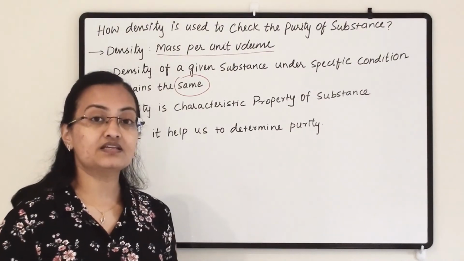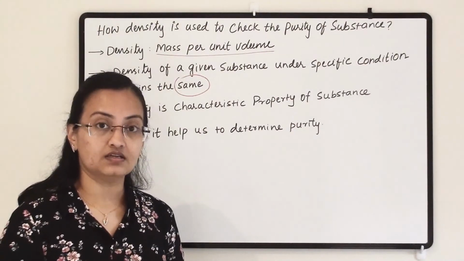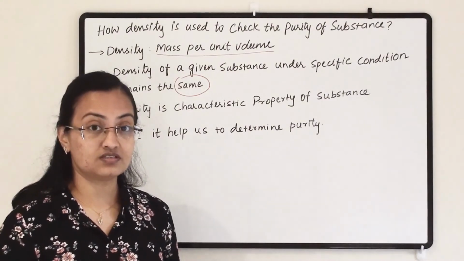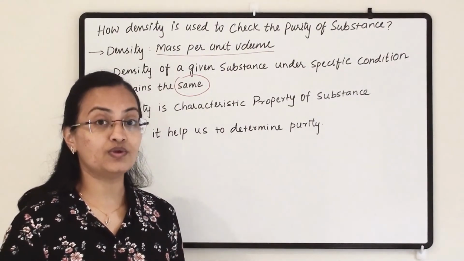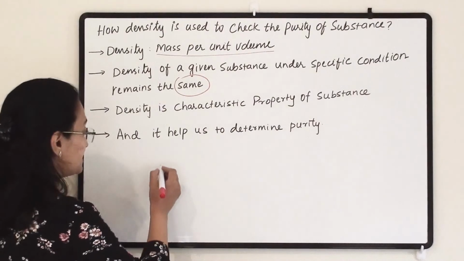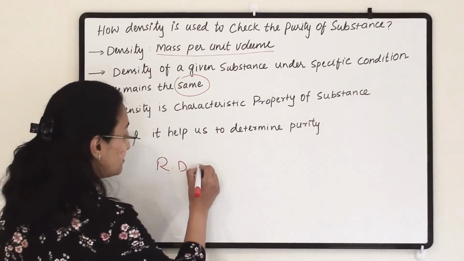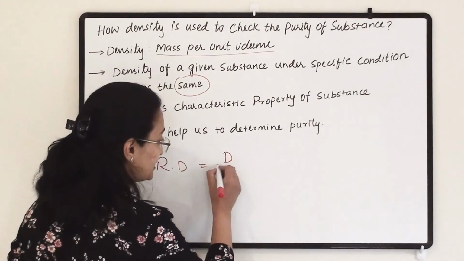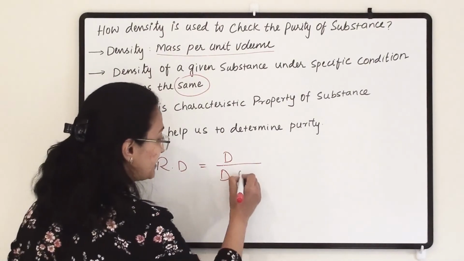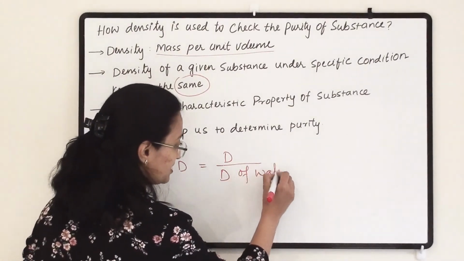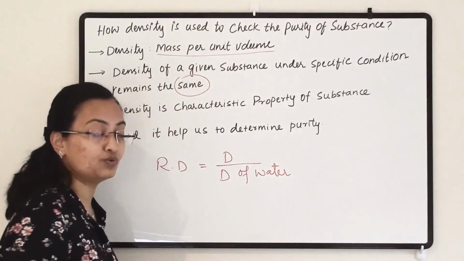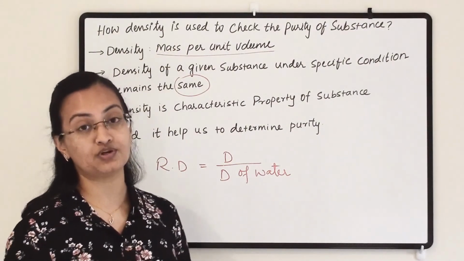Now let us understand what relative density is. The density of a substance is one thing, but relative density is the ratio of the density of any substance divided by the density of water. We know that the density of water is 1000 kg per meter cube.